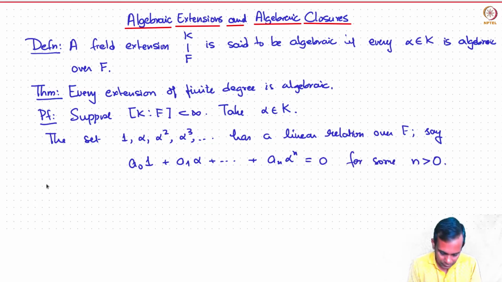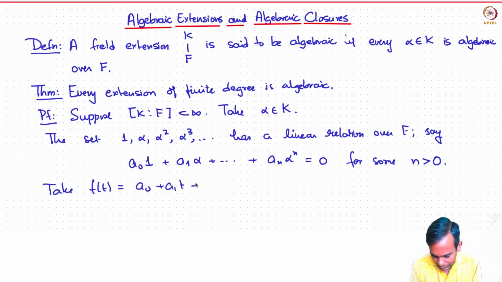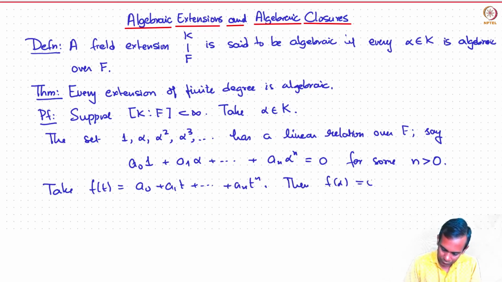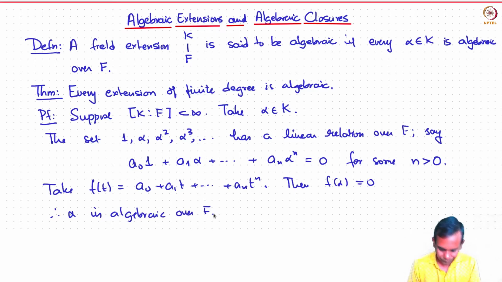Now if we take the polynomial f(t) to be a0 plus a1 t plus ... plus an t to the n, then this linear relation is just saying that alpha is a root of the polynomial f, and therefore alpha is algebraic over F. Okay, so every extension of finite degree is algebraic.